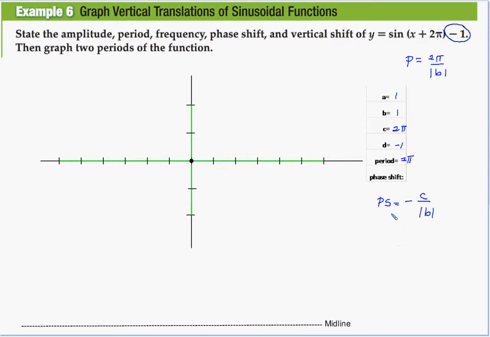So we found that the phase shift of this sinusoidal function is equal to negative 2 pi over b, and b is 1. Therefore, the phase shift of this function is negative 2 pi.